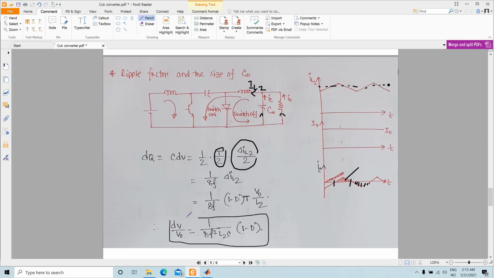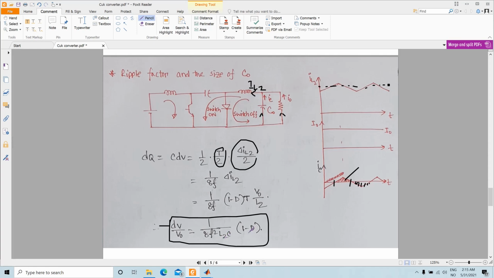From this ripple factor, normally this dV by V naught is kept as 0.1%, or if the specification says it's 1%, then you know what the value of dV by V naught should be, and your task is to calculate the value of C. But prior to that, you should of course calculate the minimum value of L2.